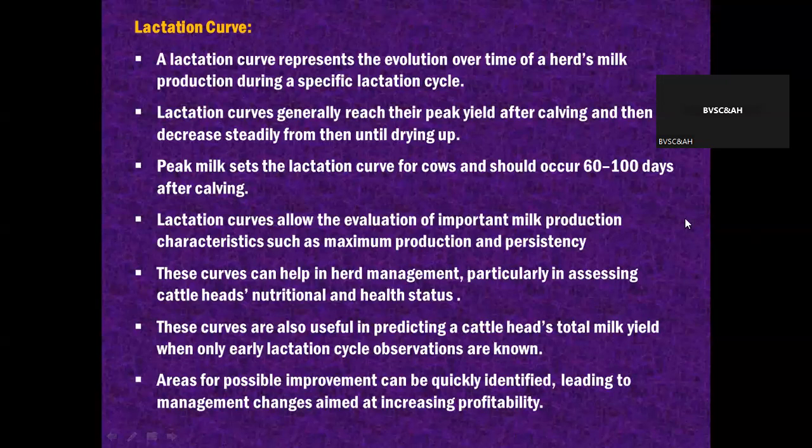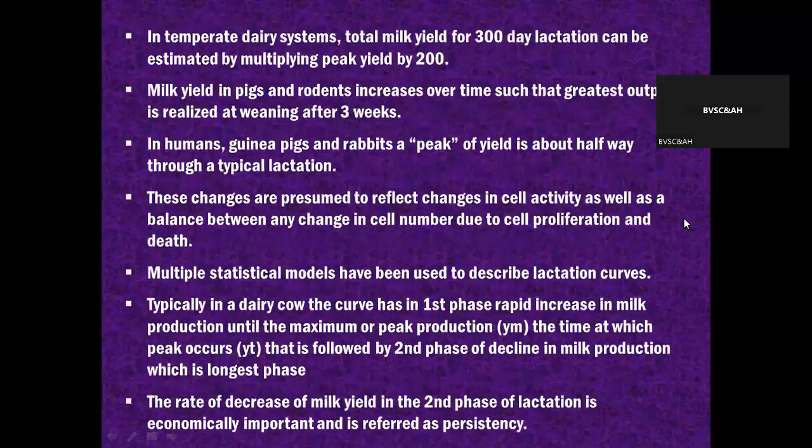Then, if we move further, in temperate dairy systems, total milk yield for a 300 day lactation can be estimated by multiplying the peak yield by 200. So it has been observed, if you know the peak milk yield, then you can multiply it by 200 and it will give you the total milk yield for a 300 day lactation cycle.